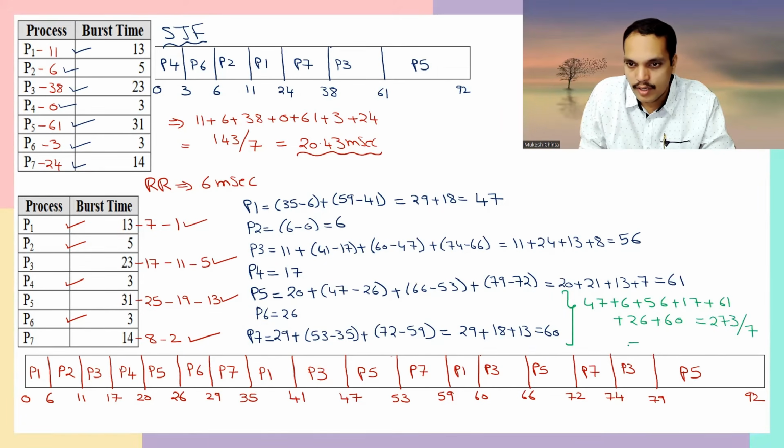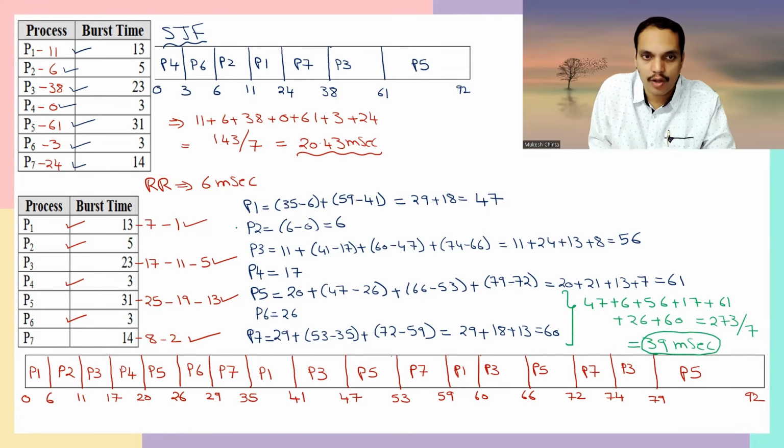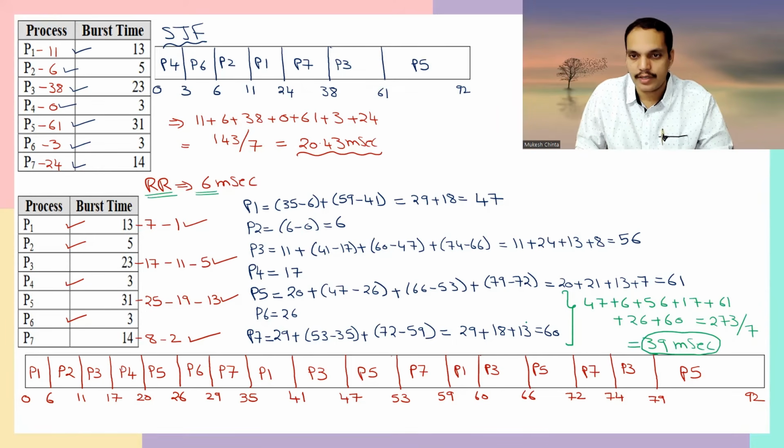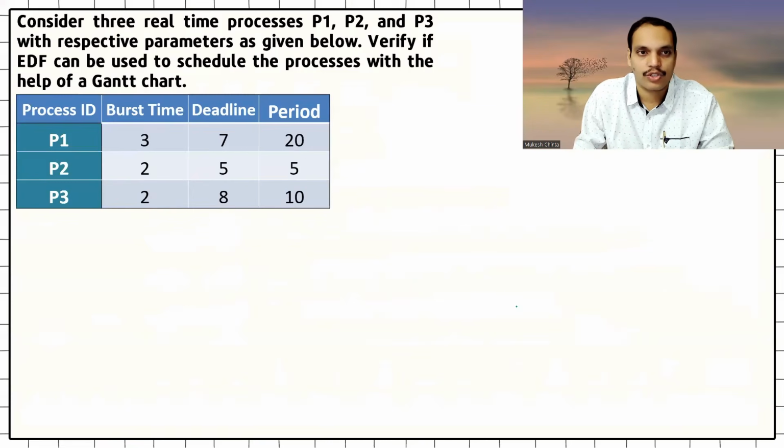You get the answer as 39 milliseconds. So this is your average waiting time when you consider round robin scheduling with a time quantum of 6 milliseconds, isn't it? Now, let us move on to the next and the last question that we have here. Consider there are three array processes.